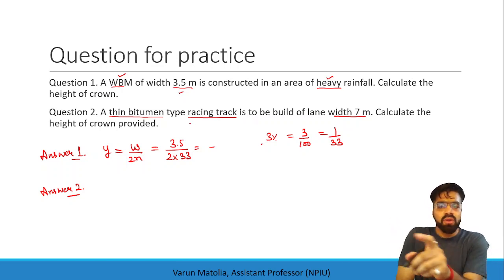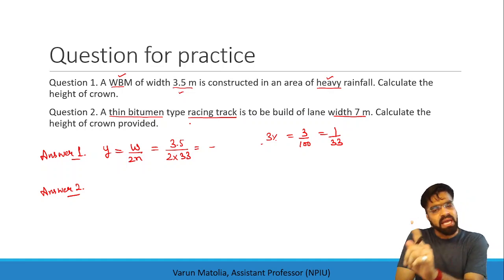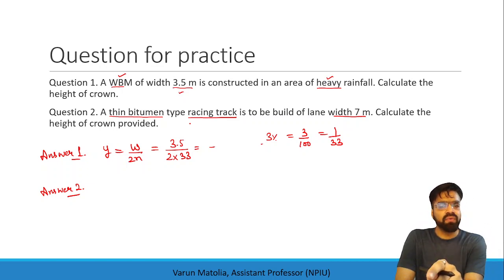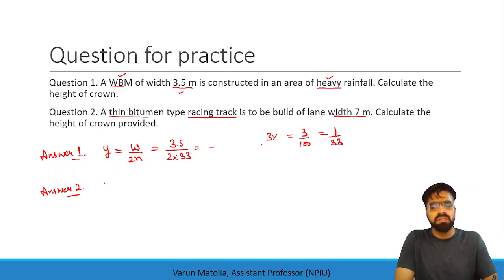Now you will find camber for heavy rainfall and light rainfall, and then use that camber to find the height of crown, for both heavy rainfall and light rainfall.